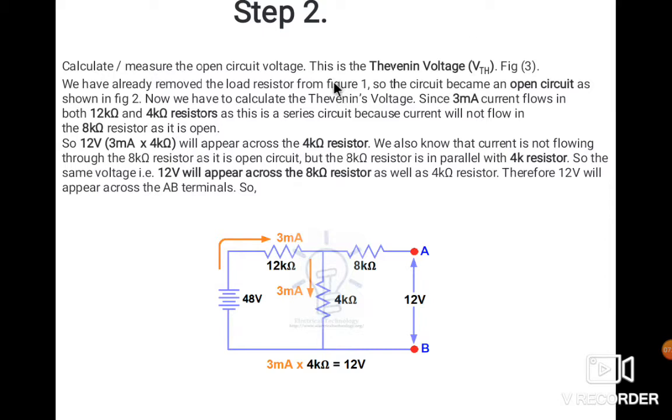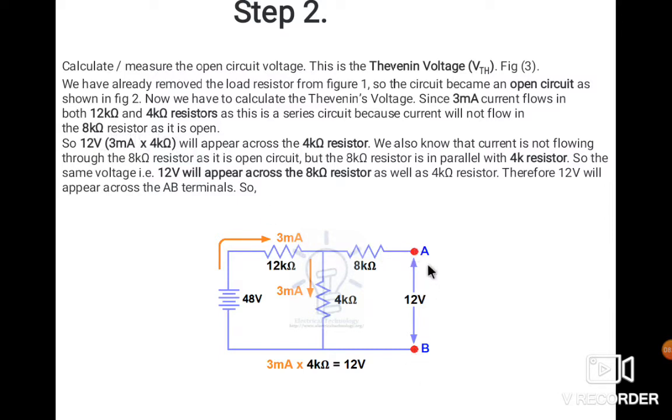We have already removed the load resistance in figure 1, so the circuit becomes an open circuit as shown in figure 2. Now we calculate the Thevenin voltage. 3 milliampere current flows through both the 12 kilo ohm and the 4 kilo ohm resistance, as this is a series circuit, because current will not flow through the 8 kilo ohm resistance as it is open.